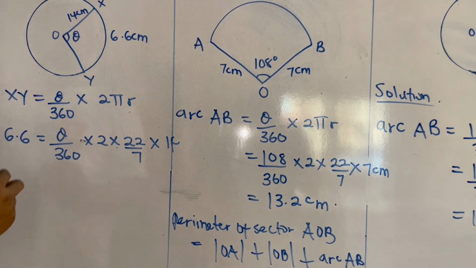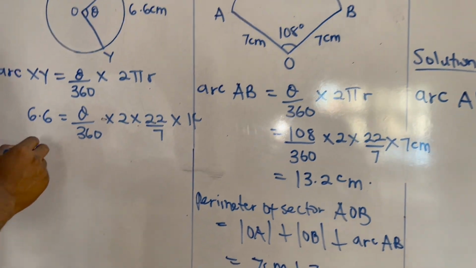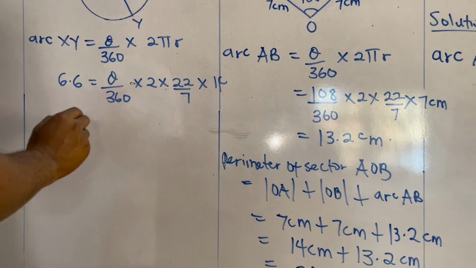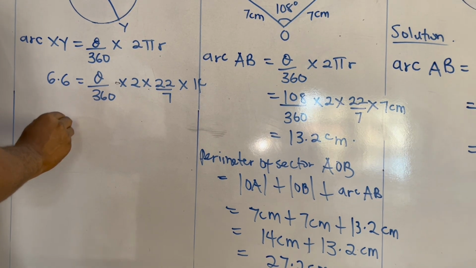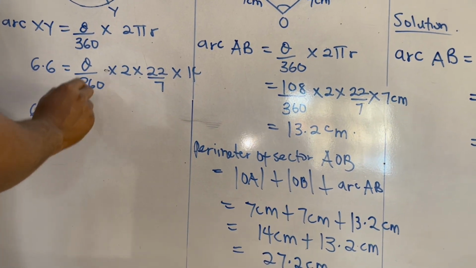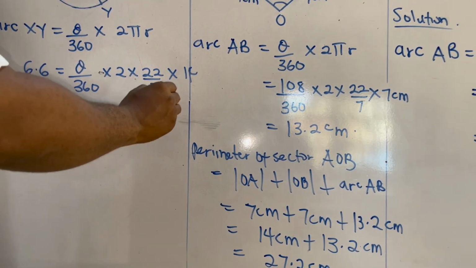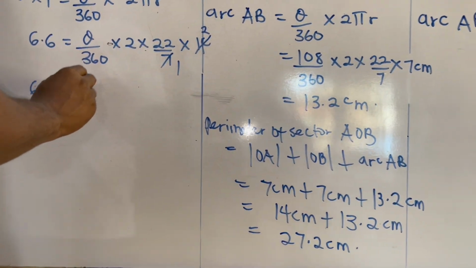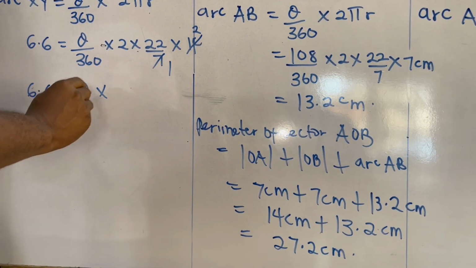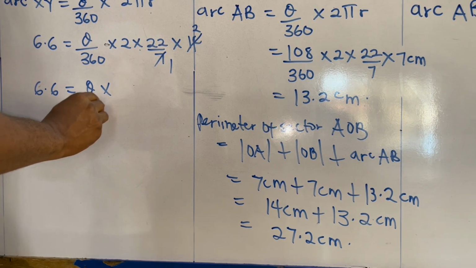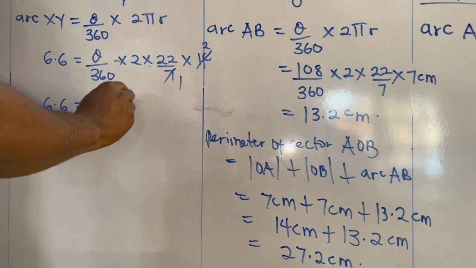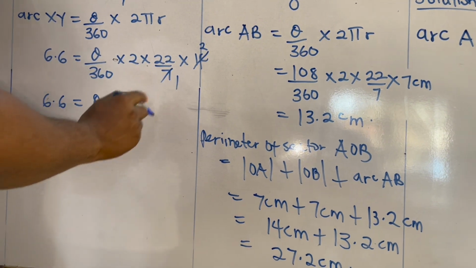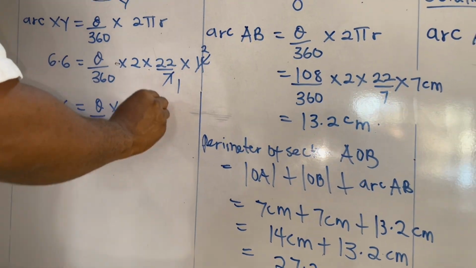So in this case, I will have 6.6 equals to... 7 goes into itself, and 7 goes into 14 two times. So I have theta over 360 times 2 times 22 times 2. 22 times 2 will give me 44.